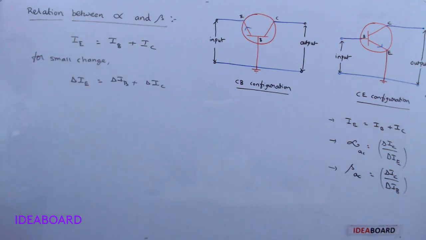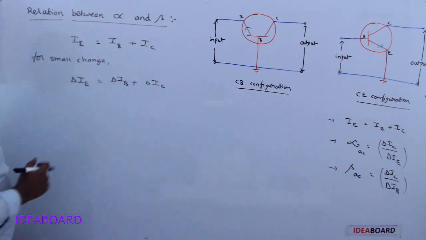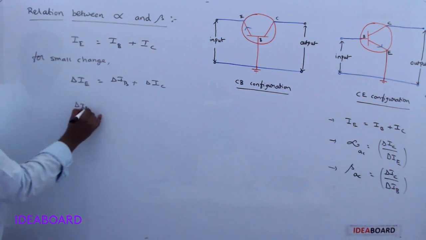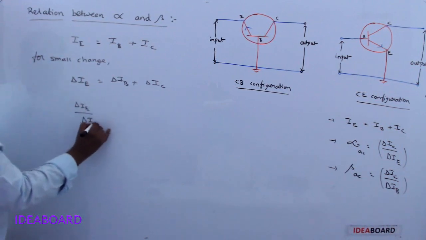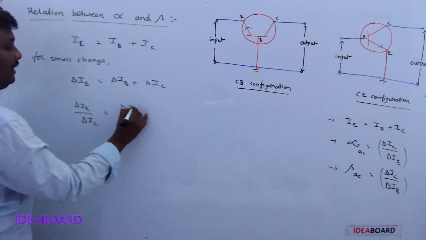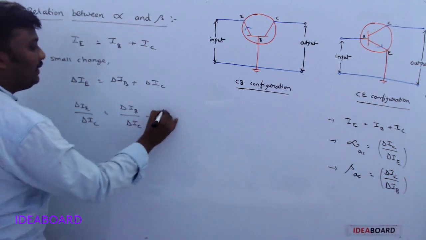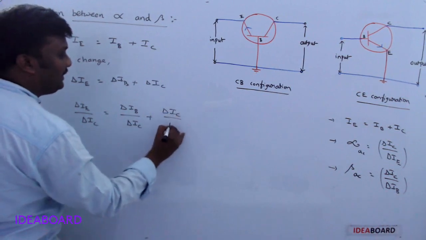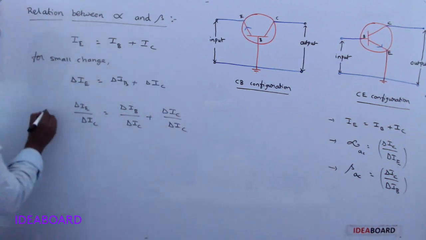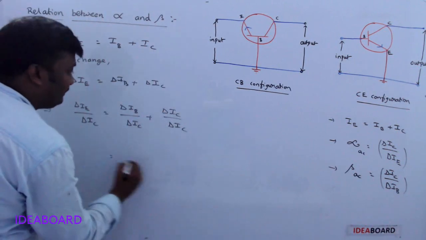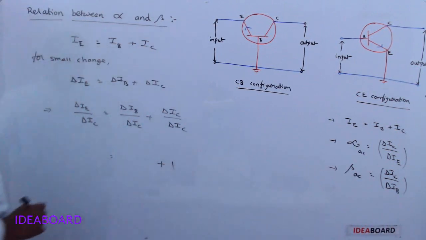Now divide the entire equation by delta IC. Then delta IE by delta IC is equal to delta IB by delta IC plus delta IC by delta IC, and delta IC by delta IC is nothing but 1.